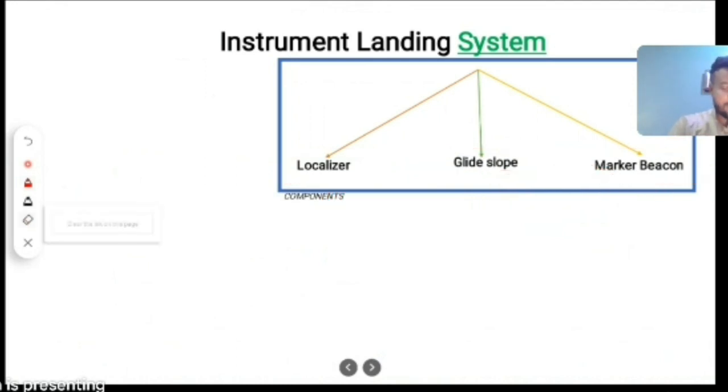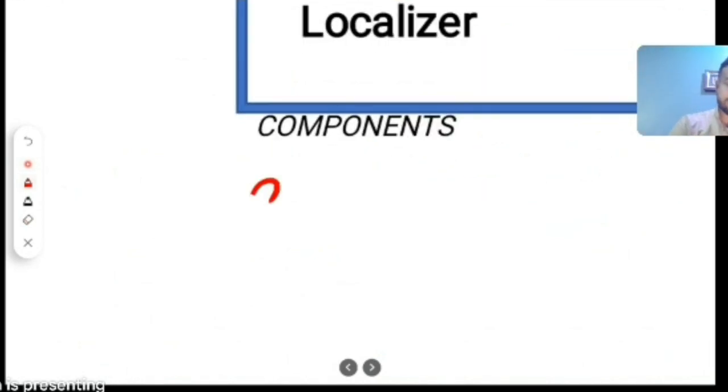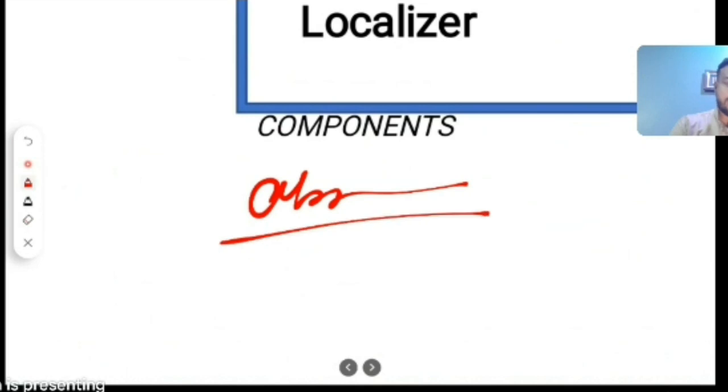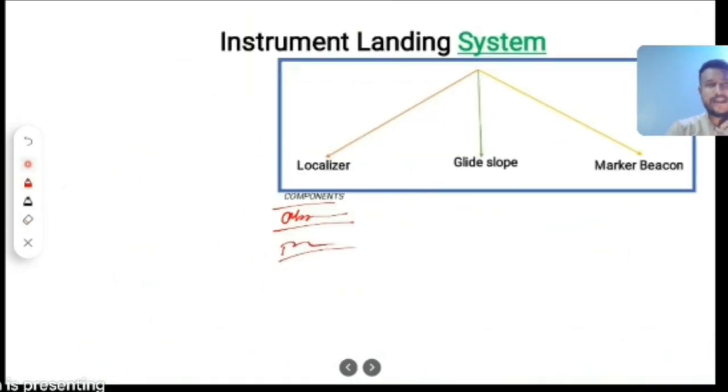I told you when we were studying VOR, if there is a system it will have an objective, components, and a principle, right? Now you know the objective is to execute landing in challenging weather conditions, low visibility conditions.